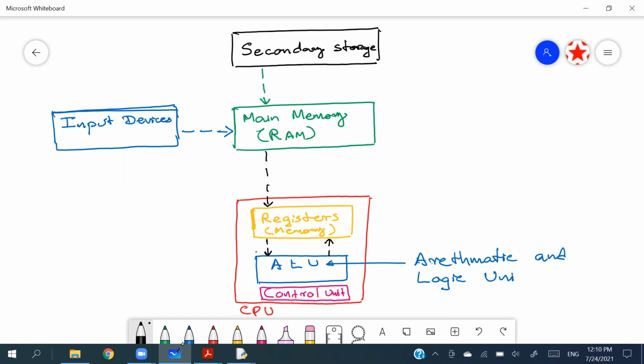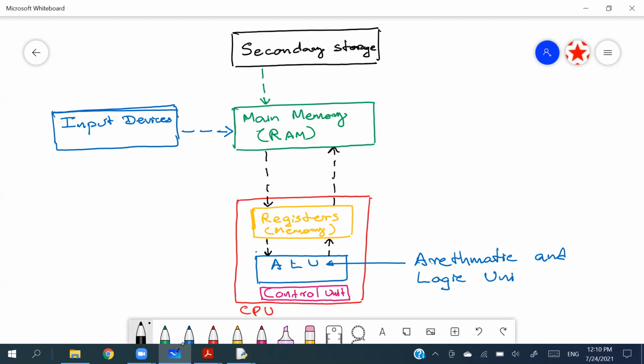Once the result is received by the register memory, it transfers that result to the main memory as quickly as possible, right? So the data instructions are given earlier, and the results are given to the main memory in this manner. Once the data is inside the main memory, we can save the data.